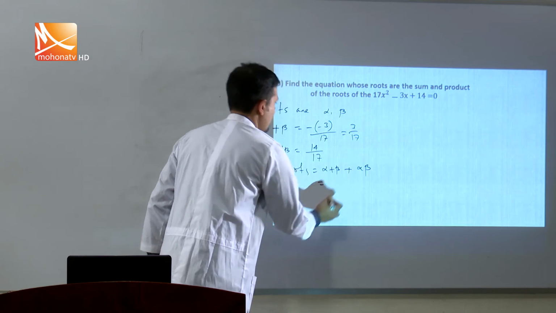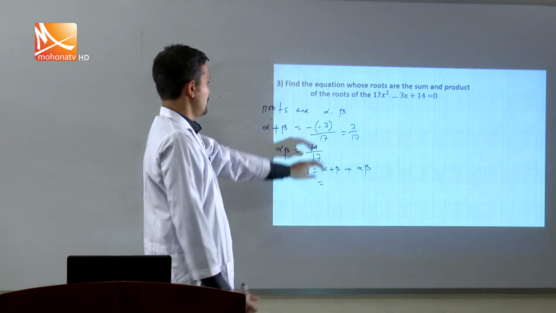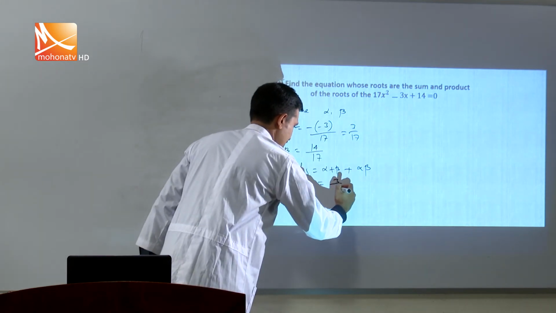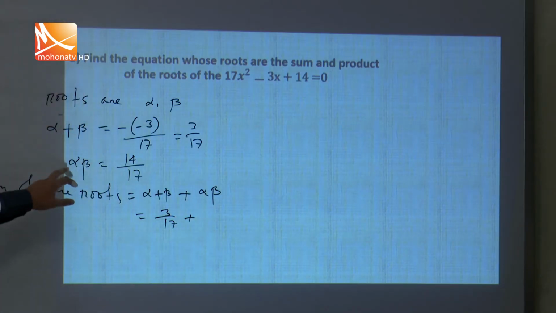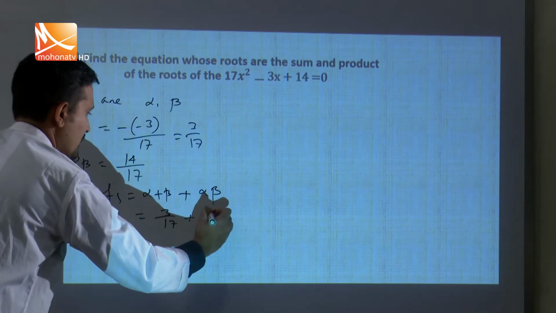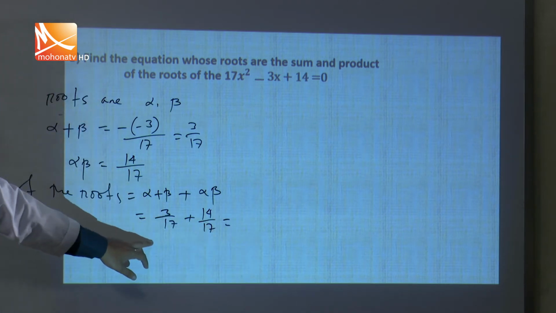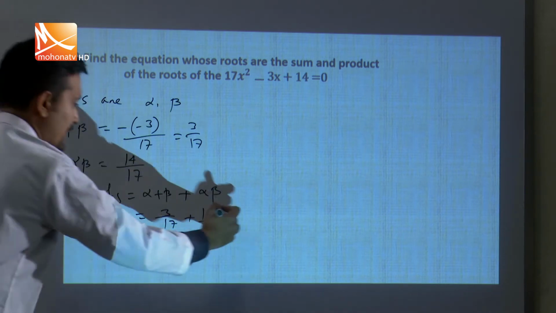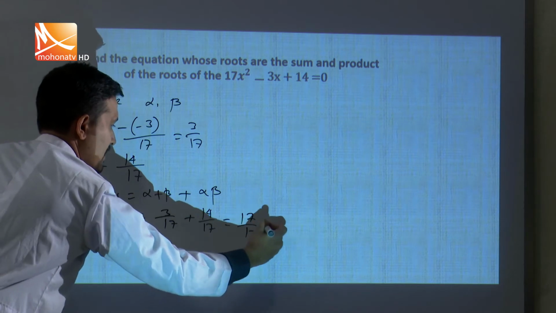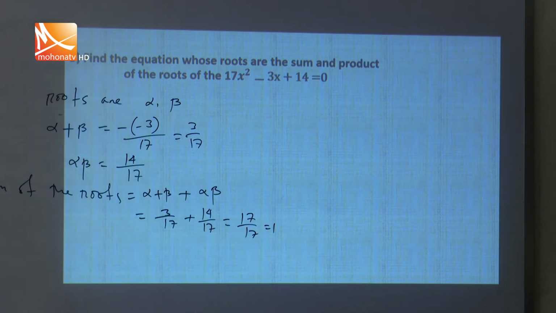Putting the values, 3 by 17 plus 14 by 17. Taking LCM 17, 14 plus 3 is 17 by 17, which equals 1. So the sum of the roots is 1.